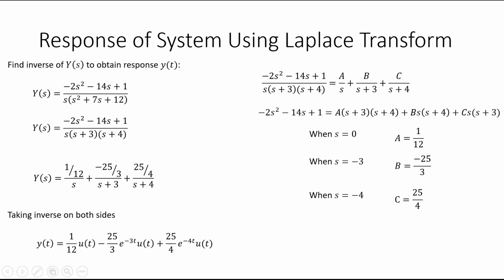So taking inverse on both sides, y of s becomes y of t, and 1 by 12 is constant, Laplace inverse of 1 by s is u of t, 1 by s plus 3 is e raised to minus 3t, and 1 by s plus 4 is e raised to minus 4t, times u of t. And we can take u of t common, so y of t equals 1 by 12 minus 25 by 3 e raised to minus 3t plus 25 by 4 e raised to minus 4t, into u of t.